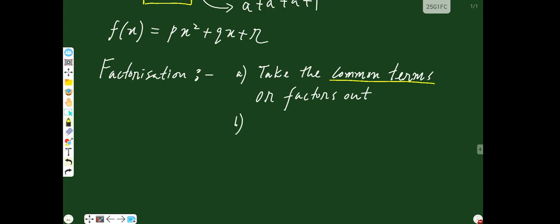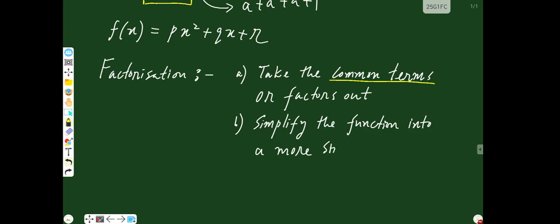Second, if you take the common factors out, or if you can't take the common factors out, then the next step is to try to simplify the function into a simpler level.